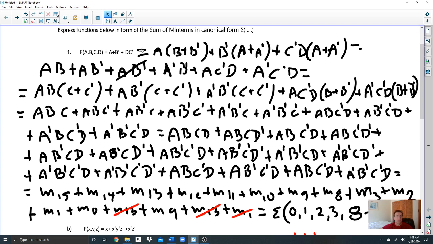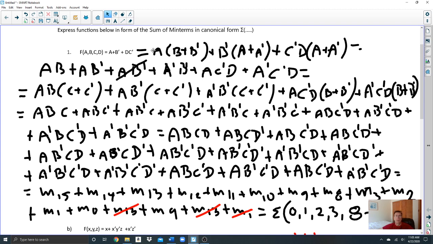That's how we expand a into minterms, and minterms are products of all variables. This is not a minterm, a, but this is a minterm: a prime, b prime, c prime, d. That's what we're aiming to do.